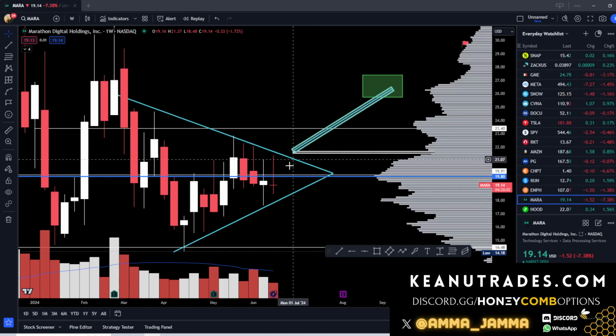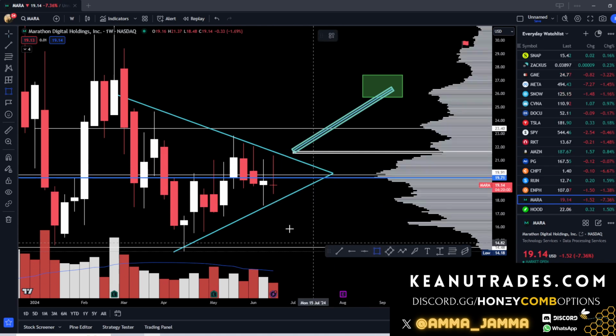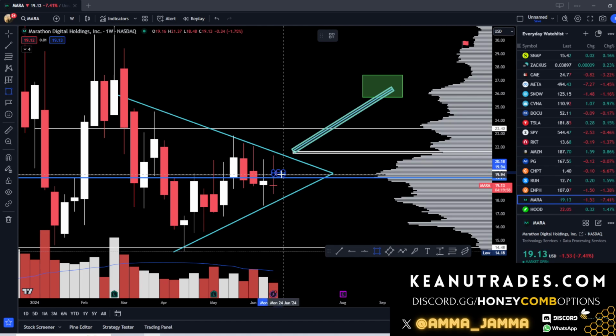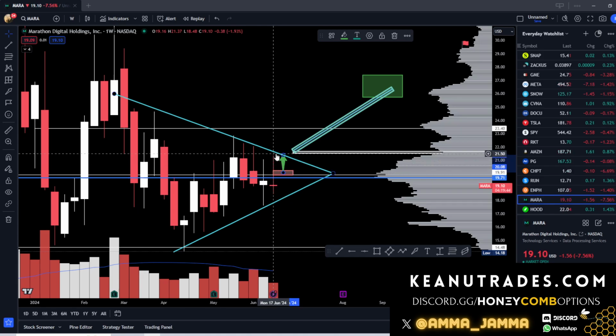If we get a daily 15-minute candle in this area here, it could be a little spicy day trade. Maybe an overnight swing up to our trend line here. It's a decent trade. We've got what, $20 to $21.40? That's like 7-8%. That's huge.